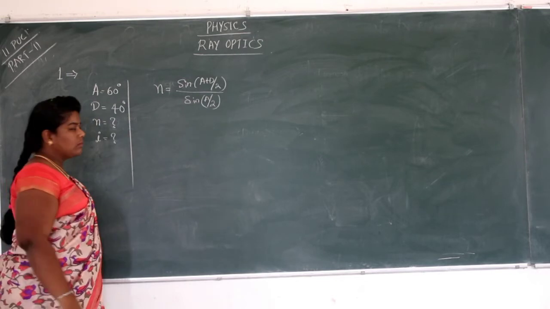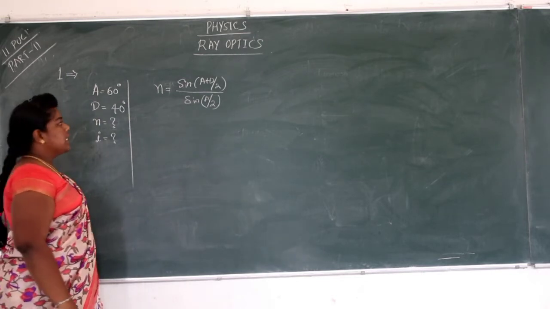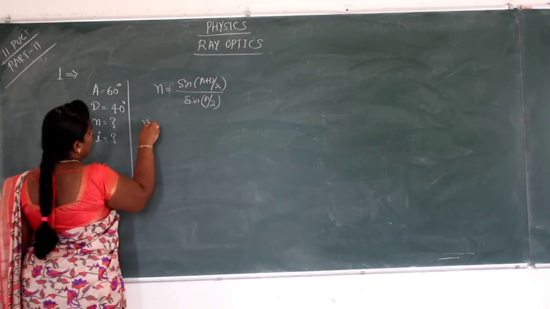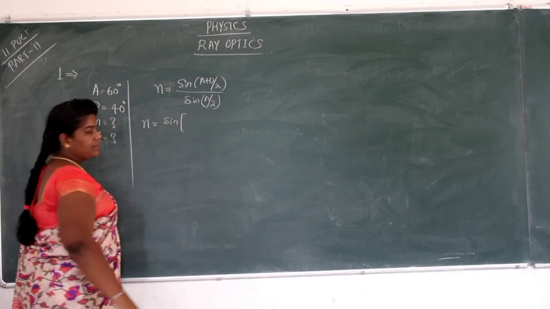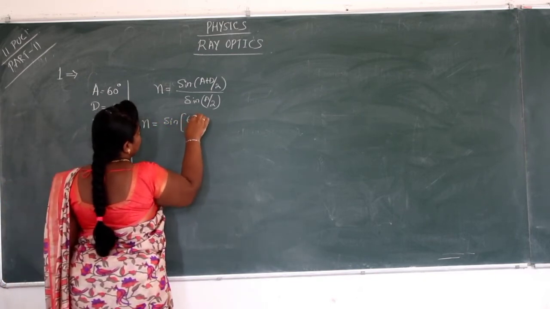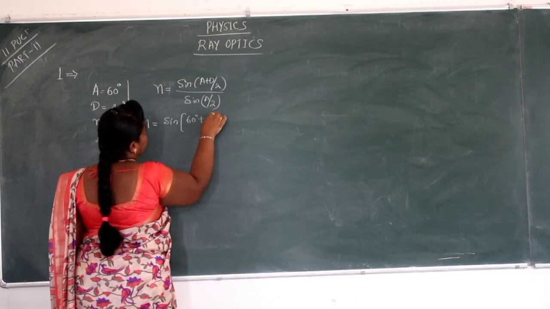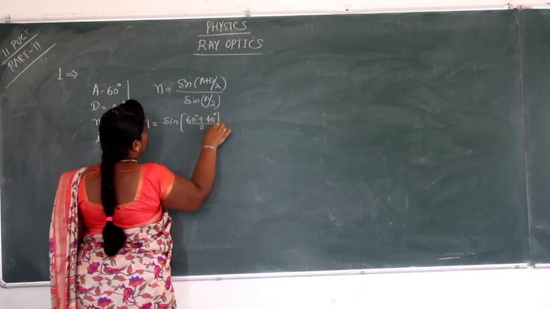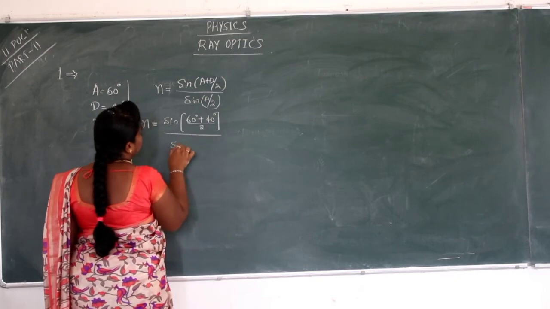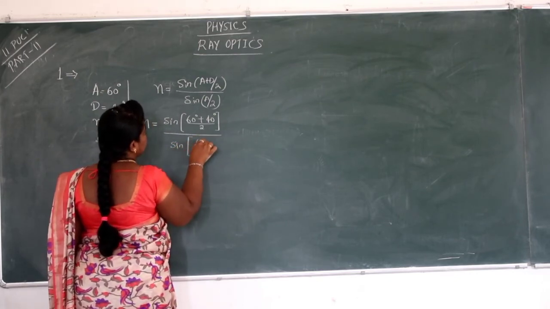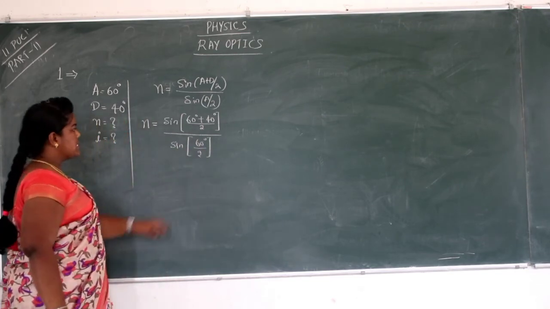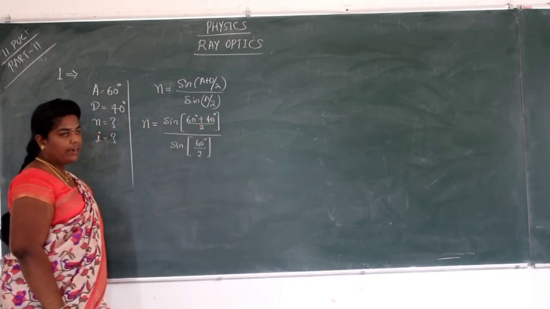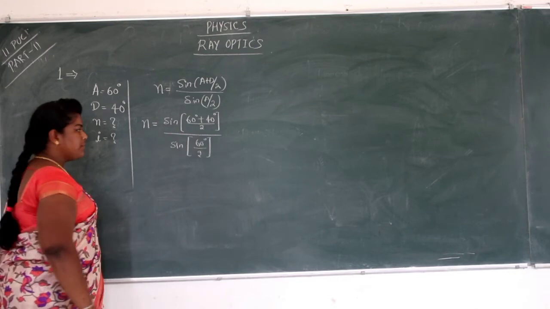Right. Now let us substitute the values. n is equal to sine of, what is A? A is 60 degree plus D is 40 degree, divided by 2, divided by sine of A, 60 degree, divided by 2. 60 plus 40 is 100, and 100 by 2 is 50.